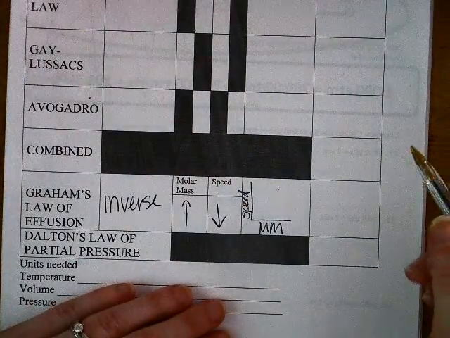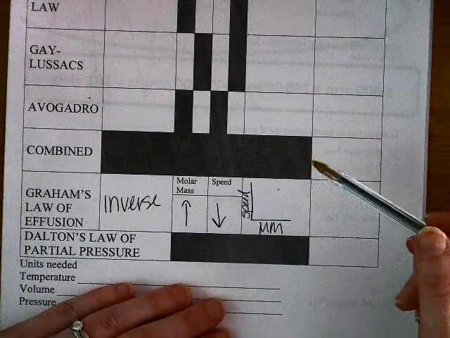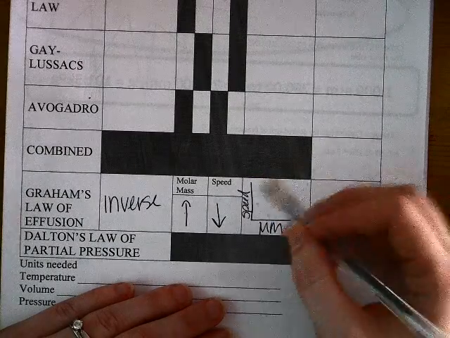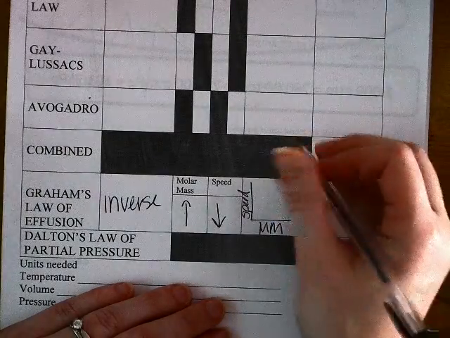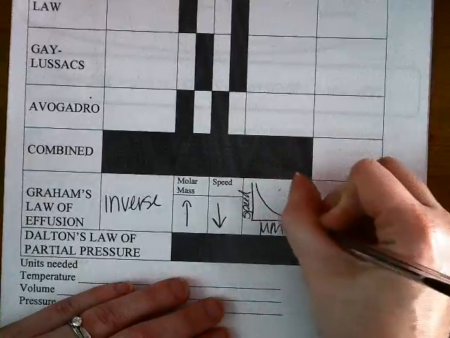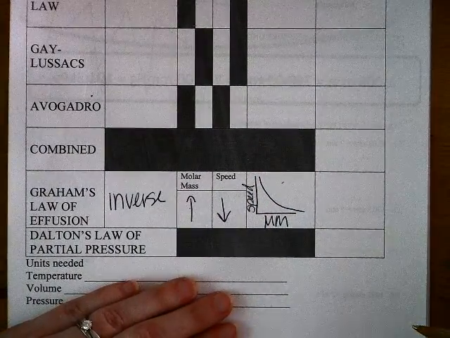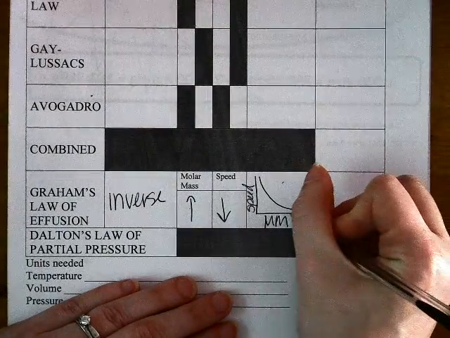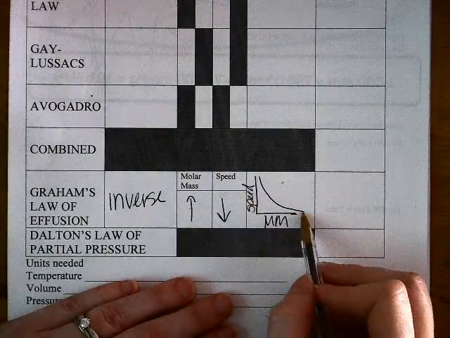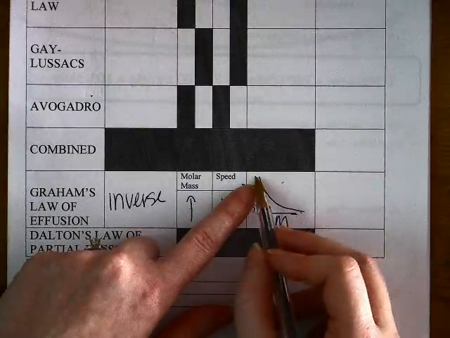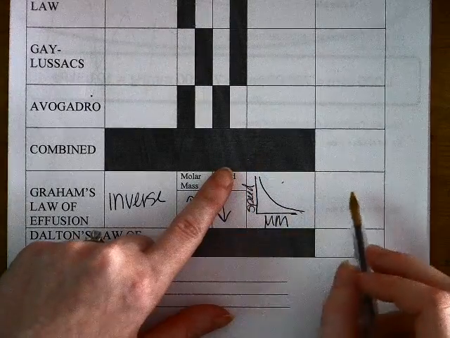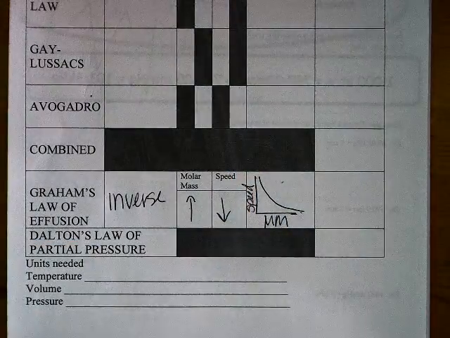And what should my graph look like? Should it be positive or negative? Negative, because it's inverse. You're starting from up. And it should curve, because it's not actually linear.